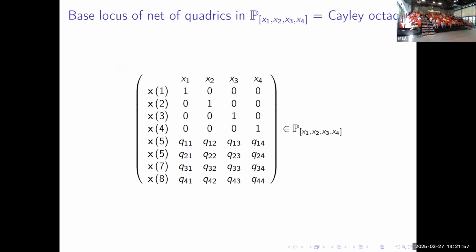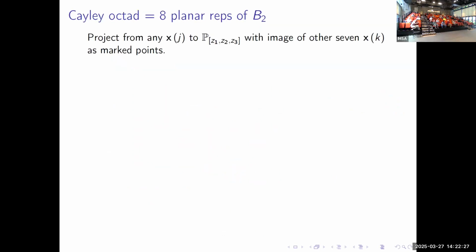A two-dimensional P2 of quadrics has a base locus. The base locus is 8 points. If you write down the 8 points, and you project from any one of those 8, that takes you to a P2.